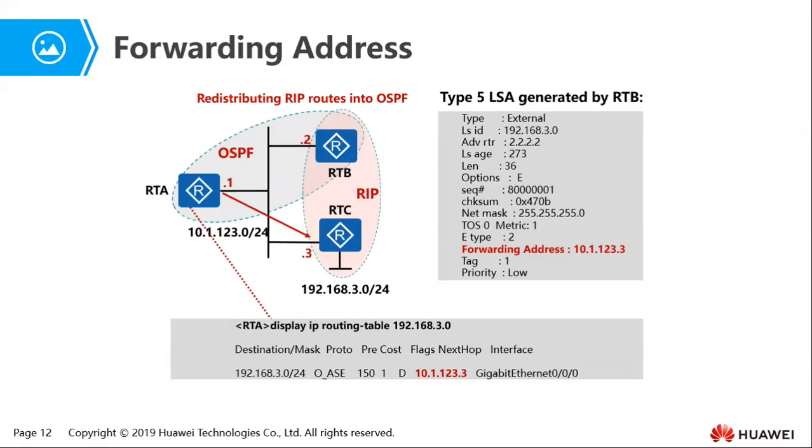Okay, so what happens is that when RTB generates the type 5 LSA, it's going to be aware that RTA and RTC are on the same network segment.